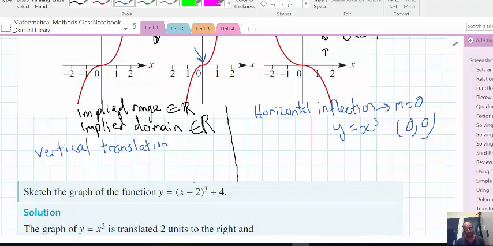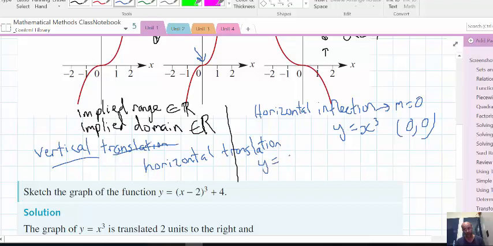So you've probably worked out from what we saw before, we have vertical translations and horizontal translations, and that's basically a movement on the plane. It's not a shape change, which we know from quadratics.